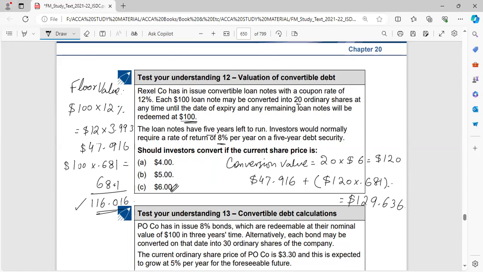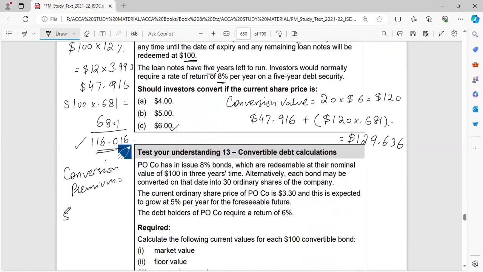At this price, I will definitely prefer conversion because I can earn a conversion premium of 129.636 minus 116.016, which is 13.62.